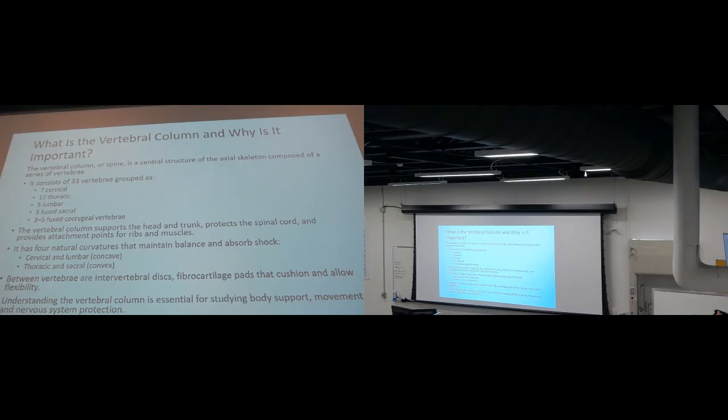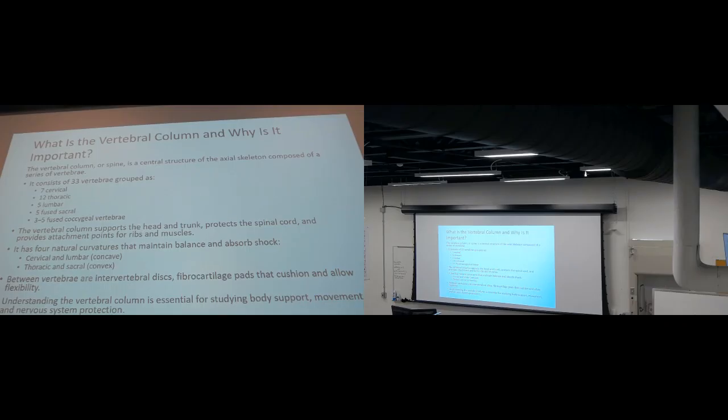Now, clinically speaking, we identify these vertebrae by abbreviating the region name with its first letter in capitals. So for cervical, we have C1 through C7. Thoracic will be T1 through T12.